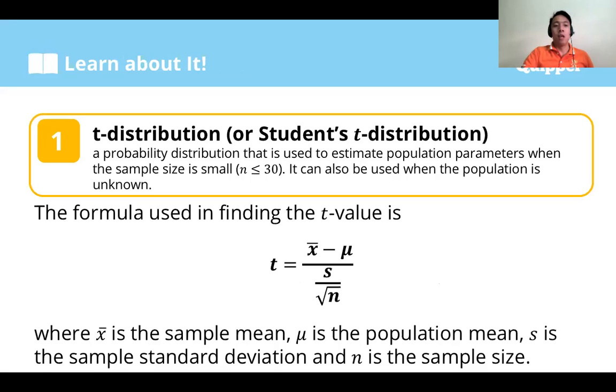Learn about it. The T distribution, sometimes called Student's T distribution, is a probability distribution that is used to estimate population parameters. What is a parameter again?